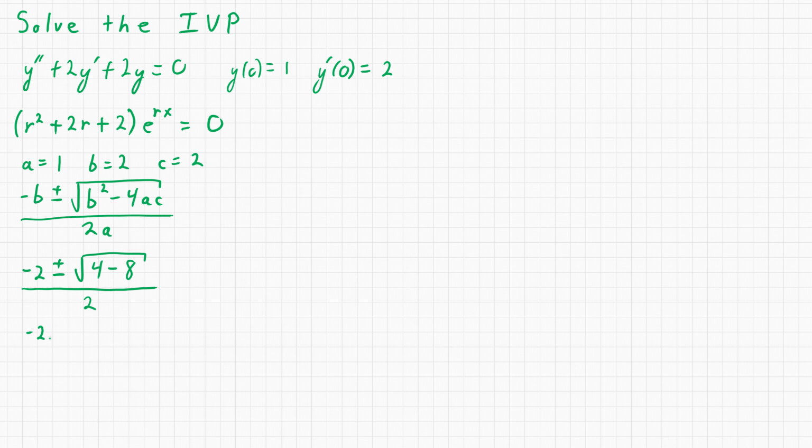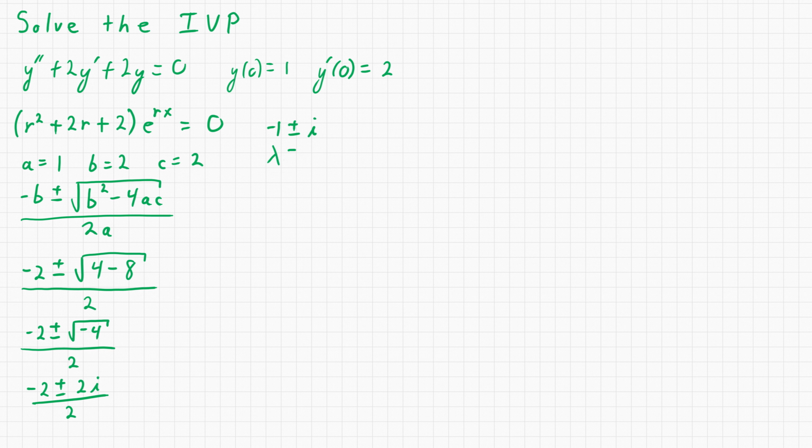That's negative 2 plus or minus the square root of 4 minus 8, that's negative 4, over 2. The square root of negative 4 is going to be 2i. So this is negative 2 plus or minus 2i over 2. So then the roots are going to be negative 1 plus or minus i.